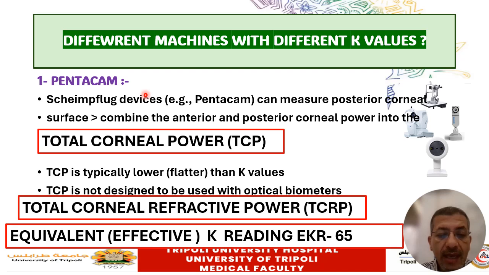If you use this K reading in any traditional IOL formula, this will lead to double estimation and lead to a wrong calculation, because all the traditional formulas are based on Gaussian optics and based on the principle of the K reading, utilizing the presumed refractive index, which is 1.3375. I hope it is clear now.